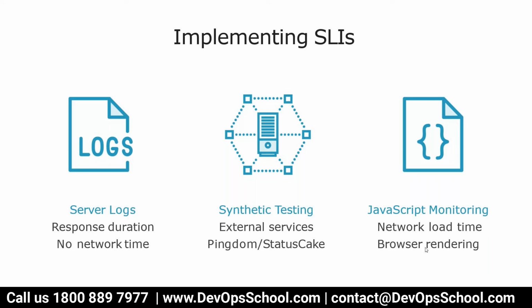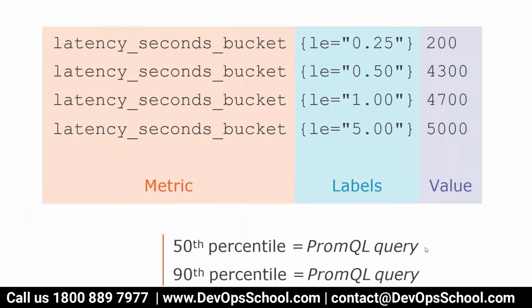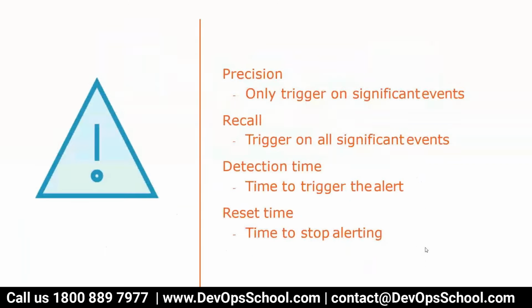So RUM, basically we call it browser monitoring, real user monitoring, which is done through JavaScript. So yes, you need to gather all this stuff. Okay, so these are some of the Prometheus metrics which I'm just ignoring right now.